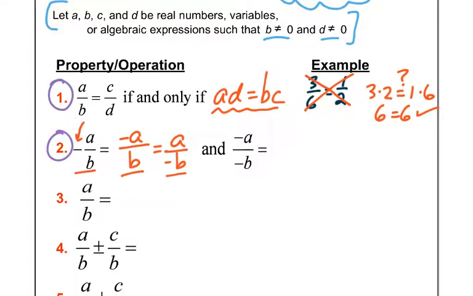Okay? But what if both of them are negative? And remember, negative divided by negative is a positive. So negative A over negative B, the negatives cancel and you just get a positive. All right, let me find an example here. How about negative overall 4 divided by 7? Okay, that's a negative fraction.